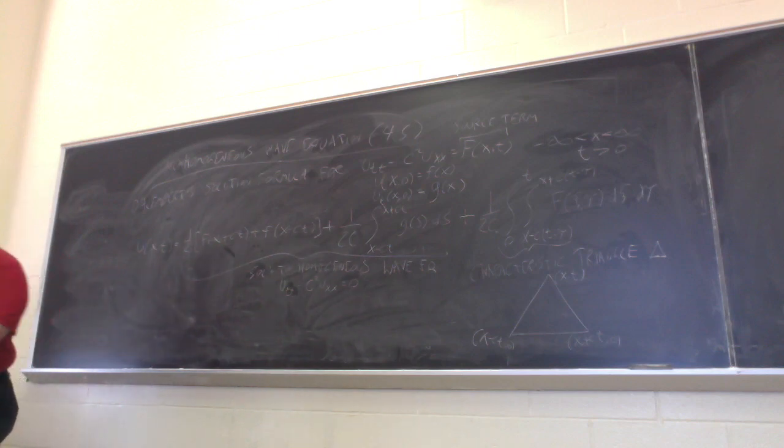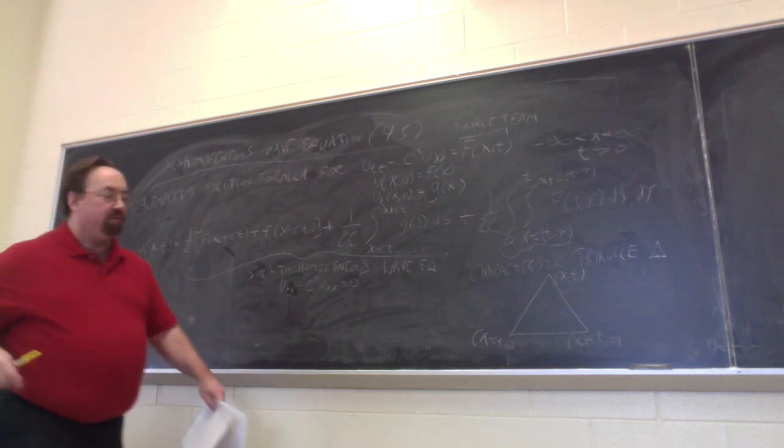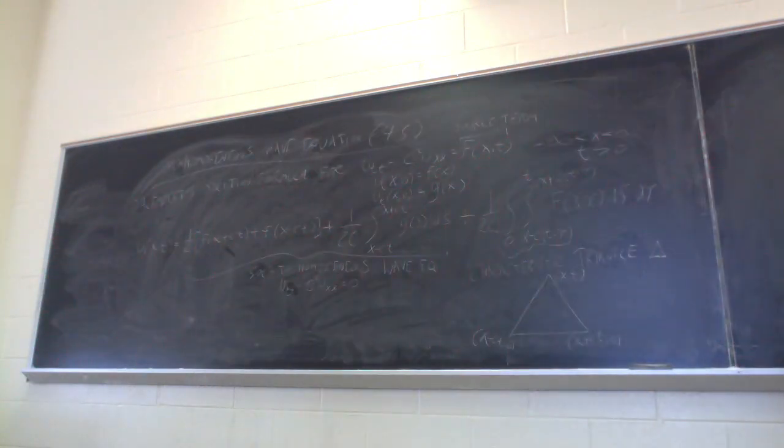Then we verified that it is a solution. That's where things started to go badly. Everything up to here is fine, and this way I'll also have more time to do the examples, which are important for the homework.